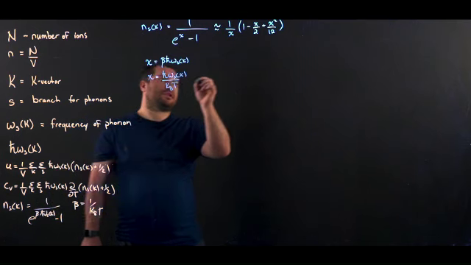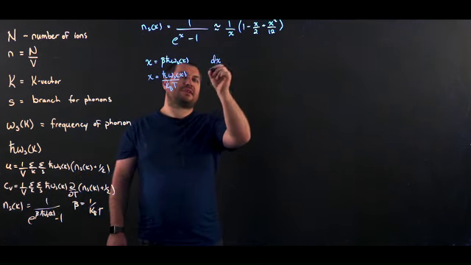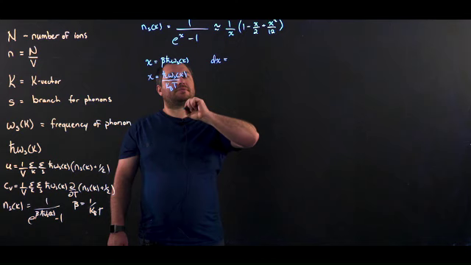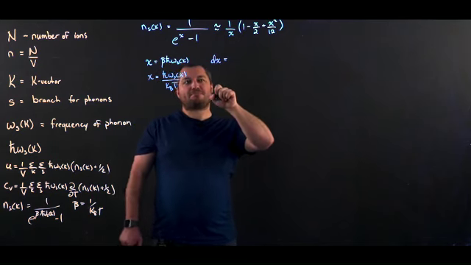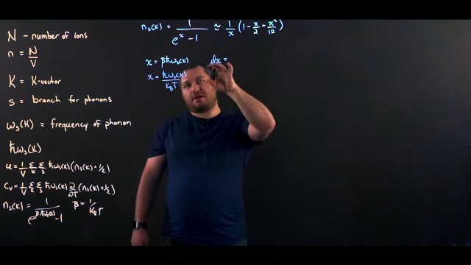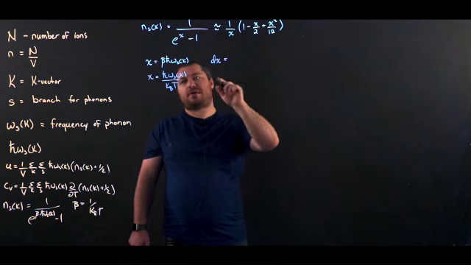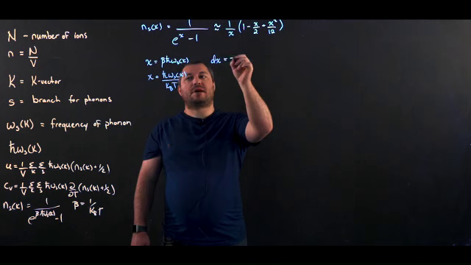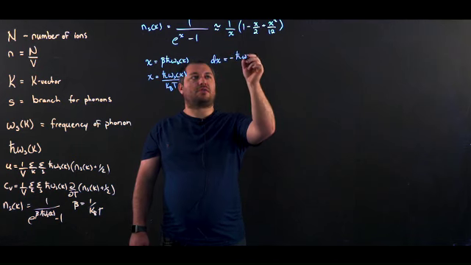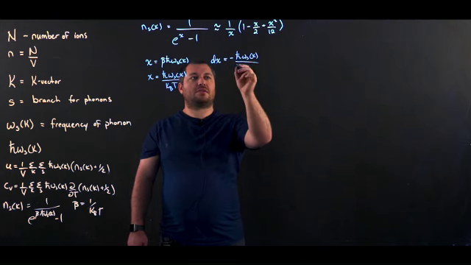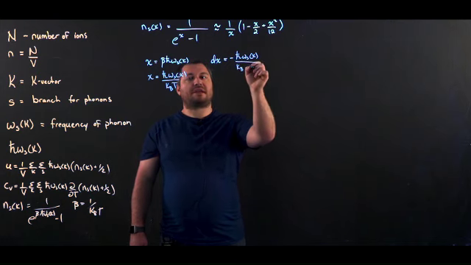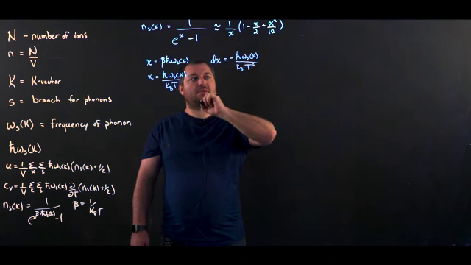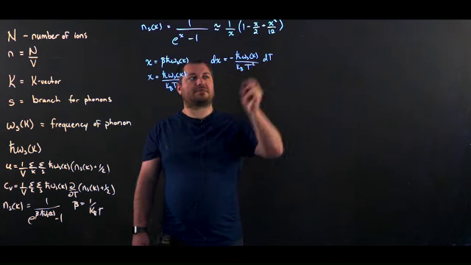And if I want to take the derivative of x with respect to T, I've got a T on the bottom. That's the only T I see. So what I've actually got here is minus h bar omega_s of k over k_B. Now that negative comes from the T being in the bottom, and I have to subtract 1, and then I can say this is my dT.